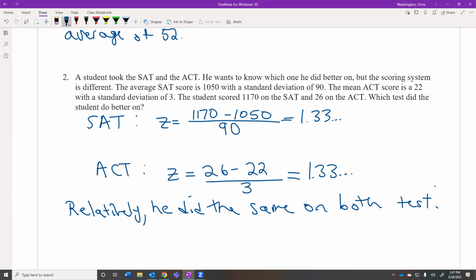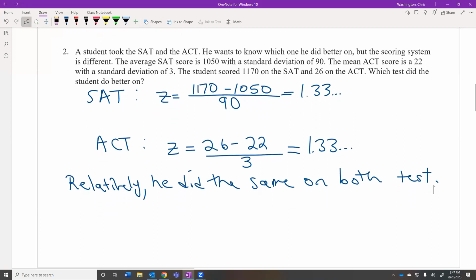He's way further to the right, which means there's a lot more percentage that he did better than on the SAT if it were, say, 2.33, for example. So we can compare things that we originally couldn't compare.